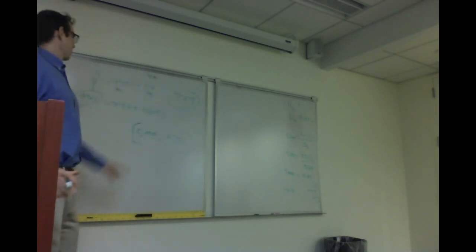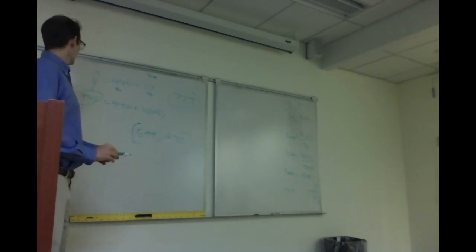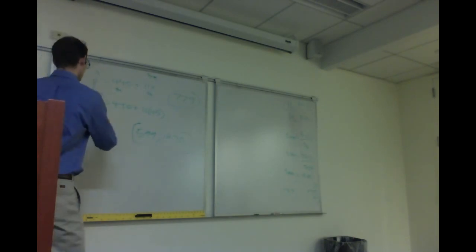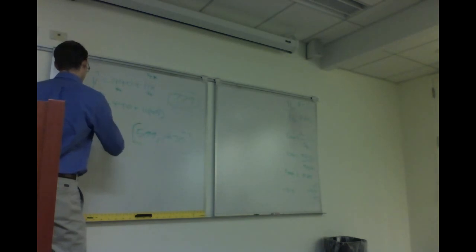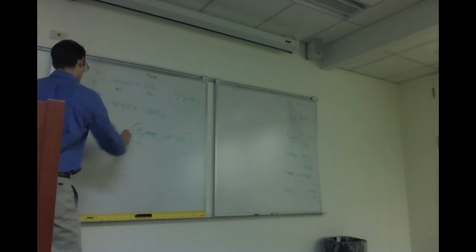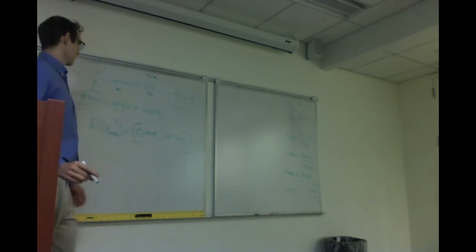Okay, so keep in mind, this is the expected value of y. Expected value of y given 45. Don't get confused and think that this is saying anything about the true slope or intercept.